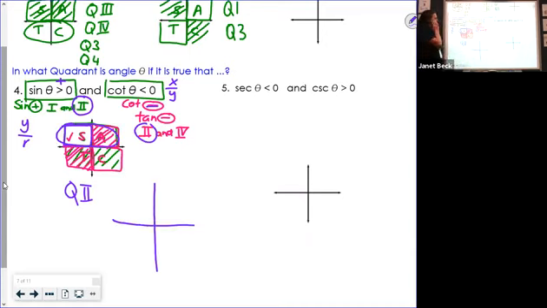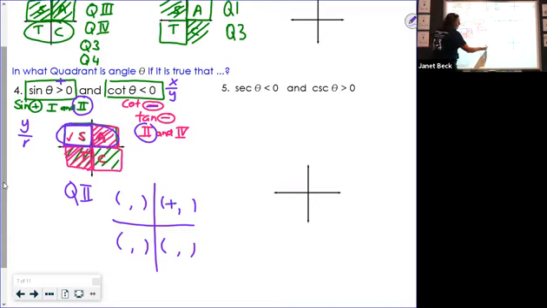Instead of using ASTC, you can just put indications whether x and y coordinates are positive or negative in each quadrant. In quadrant 1, everything is positive. Quadrant 2, x's are negative, y's are positive. In quadrant 3, both x and y are negative. And in quadrant 4, x's would be positive, and they're going down, so y's would be negative.